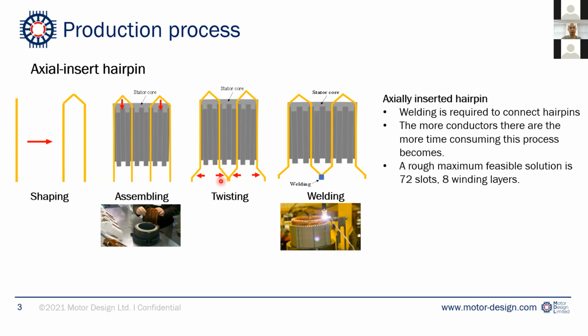Then, to form the wave winding, we twist each end of the hairpin and weld it to form the wave winding. So in this process, welding is required to connect the hairpins. The more conductors we have, the more time consuming this process becomes. Due to industrial experience, a rough maximum feasible solution is around 72 slots, 8 winding layers.